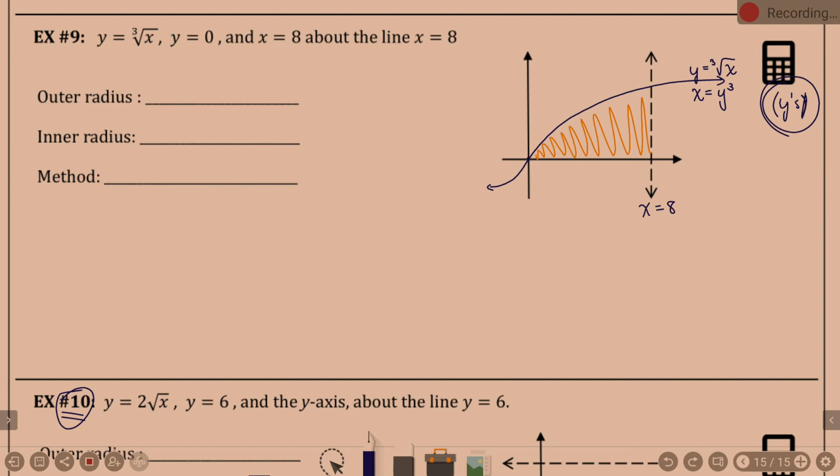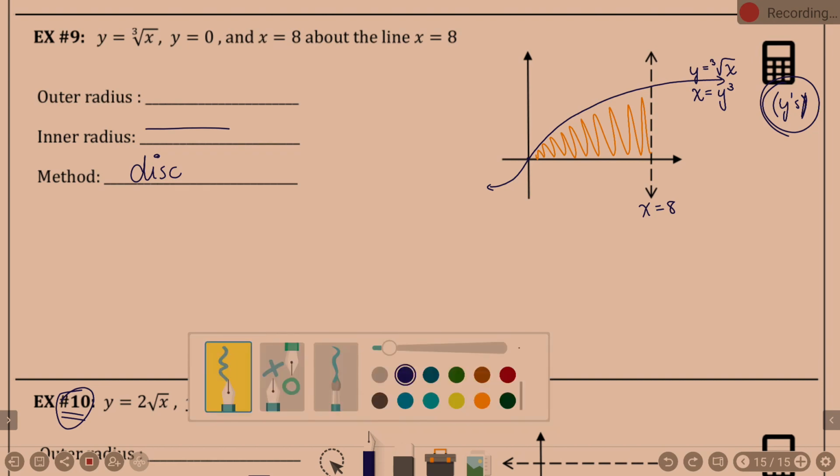Again, our rotation line is touching, so this is a disk method. Which means, what can I already go ahead and fill in here? There's no inner radius. Leave it blank. Okay. What about big R, or the only R? On the curve of the line.